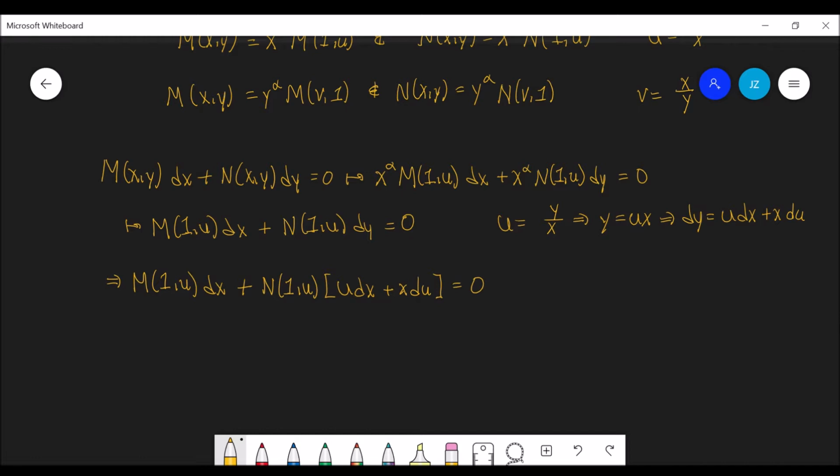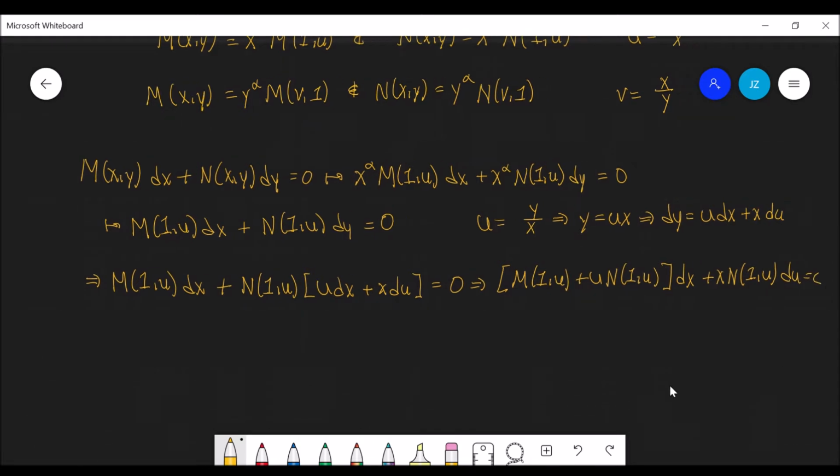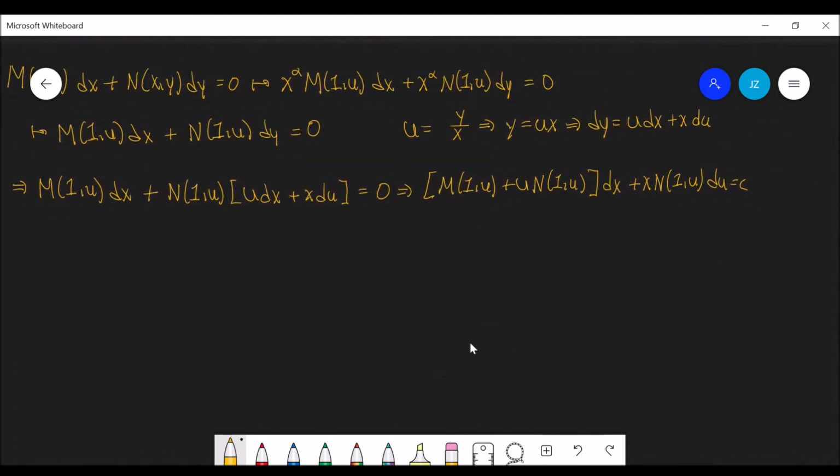We now simplify this to give M of 1, u plus u times N of 1, u dx plus x N of 1, u du is equal to 0, which becomes dx over x plus N of 1, u du divided by M of 1, u plus u N of 1, u is equal to 0.